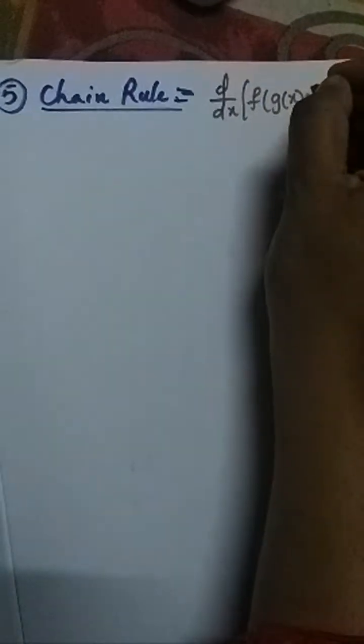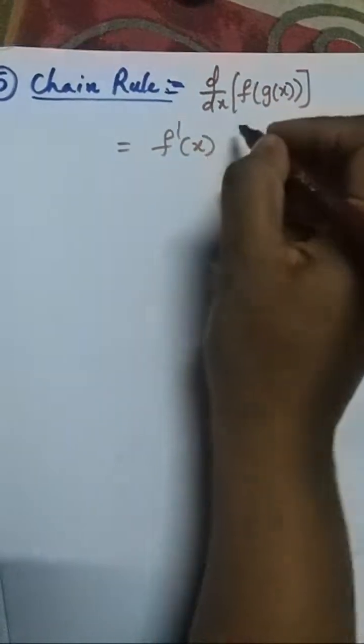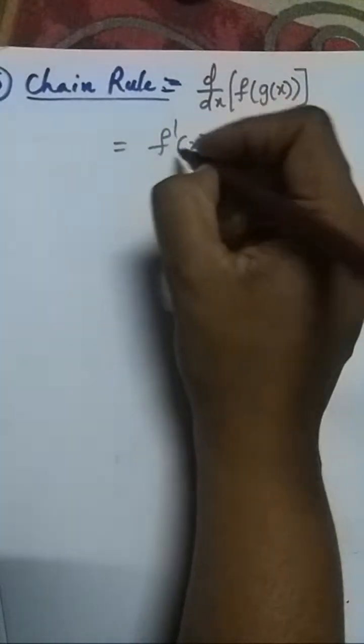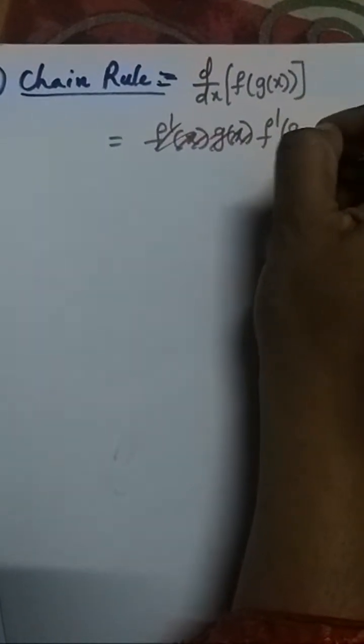Now fifth one, that is the last rule, the chain rule, is very important. If given, we have to use the chain rule, d by dx of f of g of x, two functions are given. Then we differentiate f first, keeping g of x as it is, like this way, f dash of g of x.